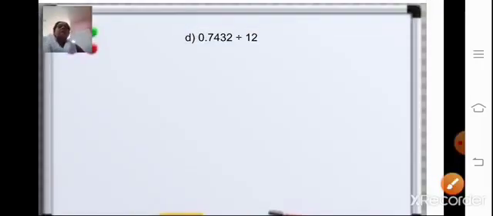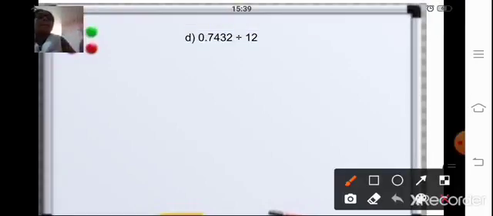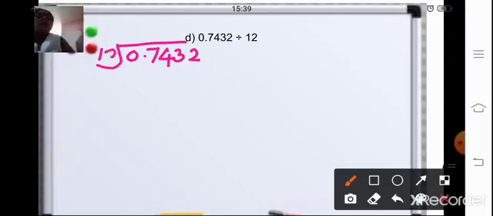Coming to the second sum. 0.7432 divided by 12. So let us write the divide this thing first. So write the number here. 0.7432 divided by 12.